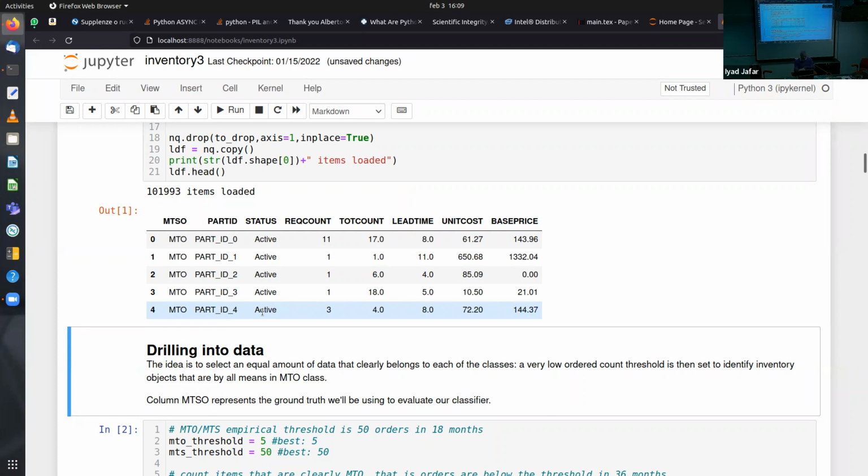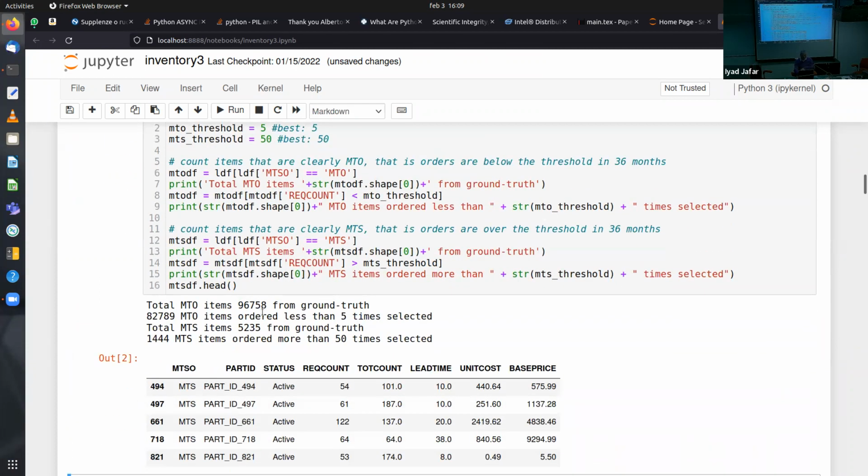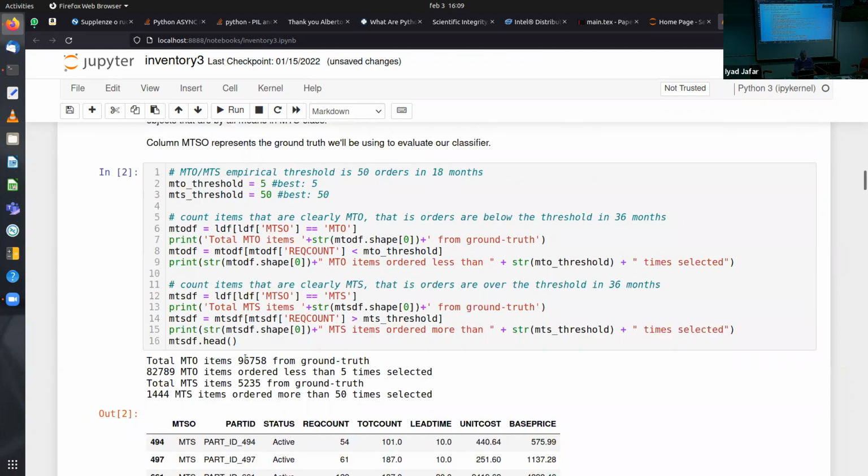So if we drill into the data, we see that we have a total number of items, which is more than 95,000 items in MTO. This is from ground truth. And in those MTO items, there are 83,000 items that have been ordered.